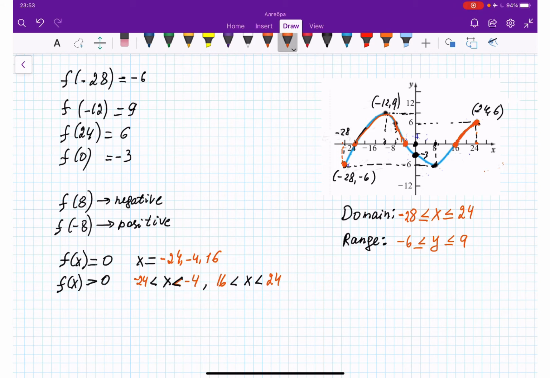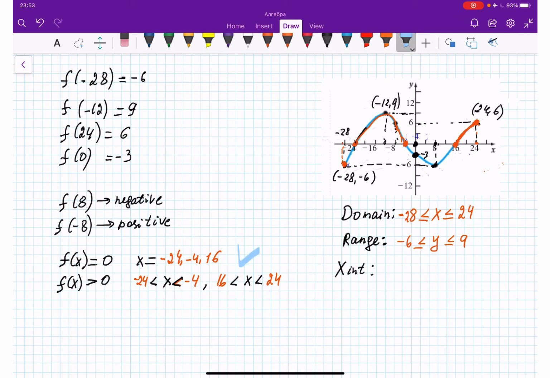Okay, now let's find x-intercepts. X-intercept. Where do we have x-intercept? X-intercept, what is it? The one where the graph is crossing, where y is equal 0. That is x-intercept, right? Which is going to be the same points like here we had, right?